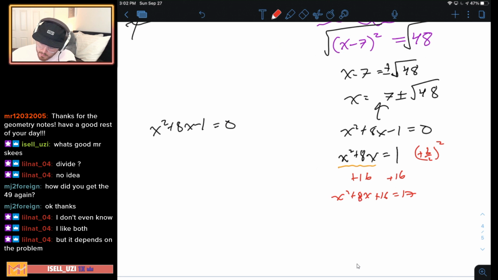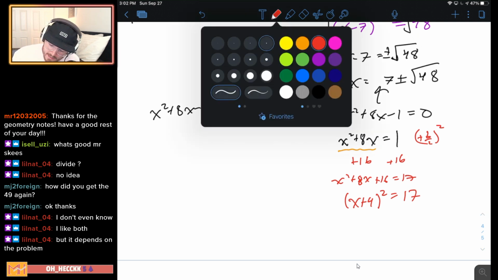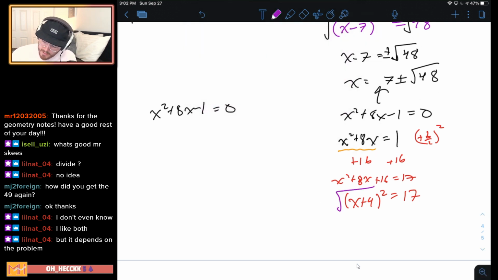Why do I do that? Because I can write it like this. That is nice. Why is that nice? Because from here, all I have to do is simply take the square root, subtract the 4, and I'm done.